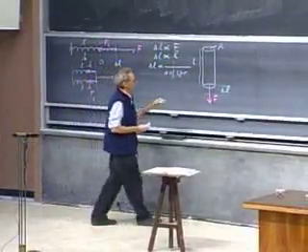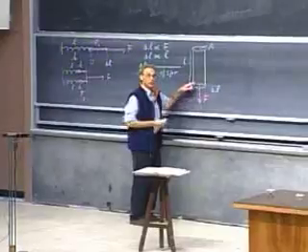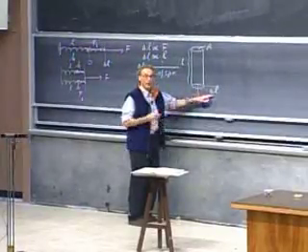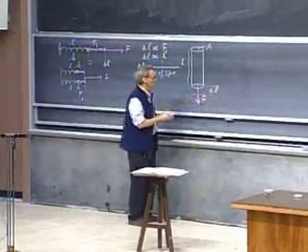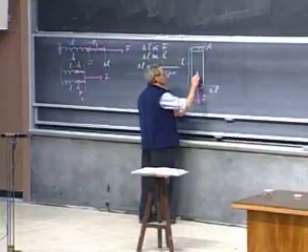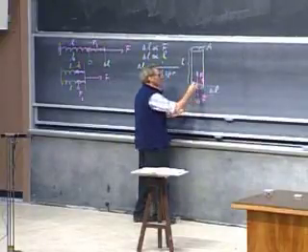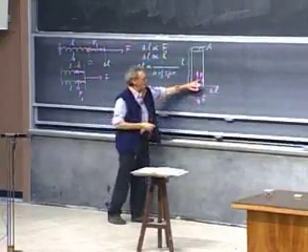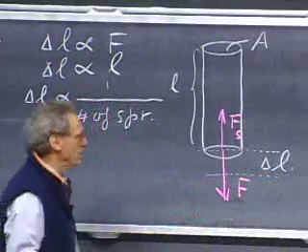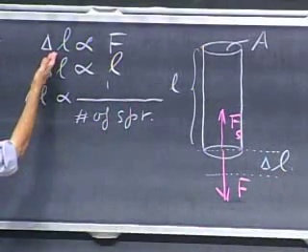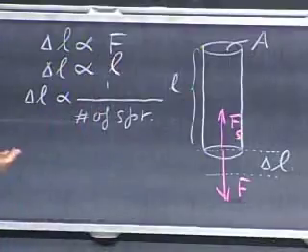And clearly, when I make this force stronger, delta L will increase. As long as Hooke's law holds, that the spring force provided by the rod balances this out, provided that the spring force is linearly proportional with delta L, I have again that delta L will be proportional with the force. Double the force, I get twice delta L.